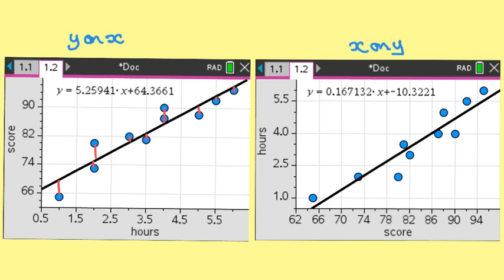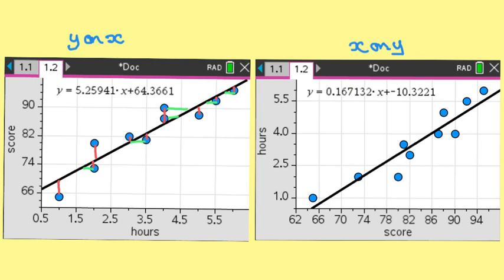When it is doing an x on y regression line, let's change colours, it is taking the horizontal distance from each point to the line. And so it will give you two different lines.